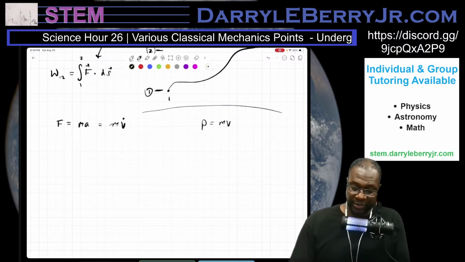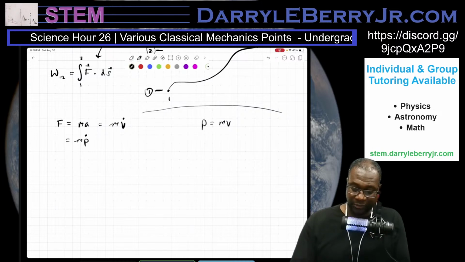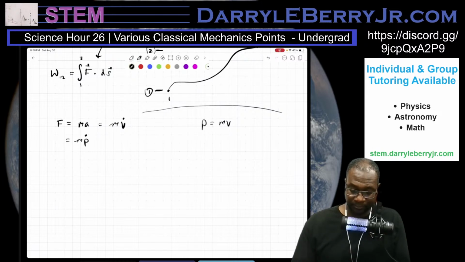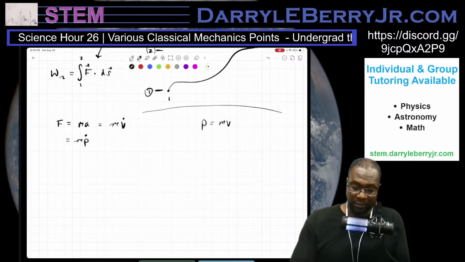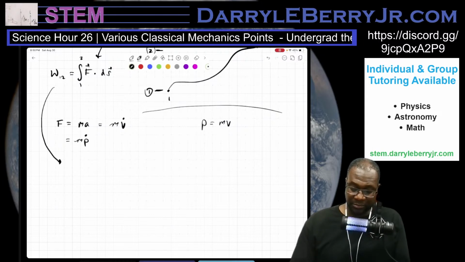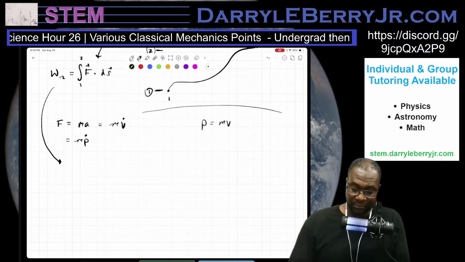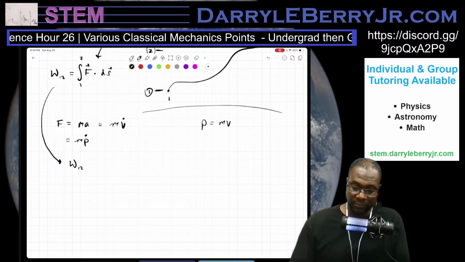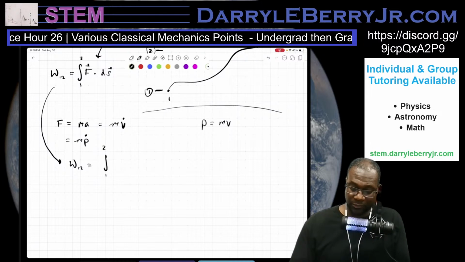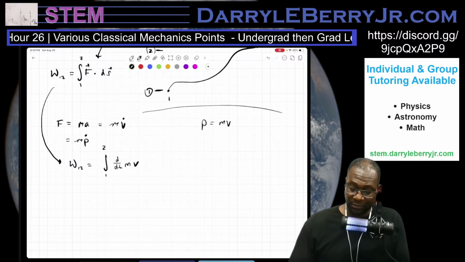So we can also see that force is the derivative of momentum. What this allows us to do is plug this in here, and we can see that work is going to be the integral from 1 to 2 of d/dt (mv) dot ds.